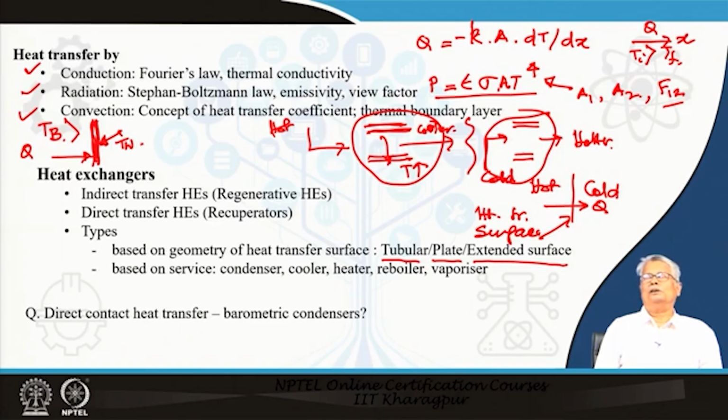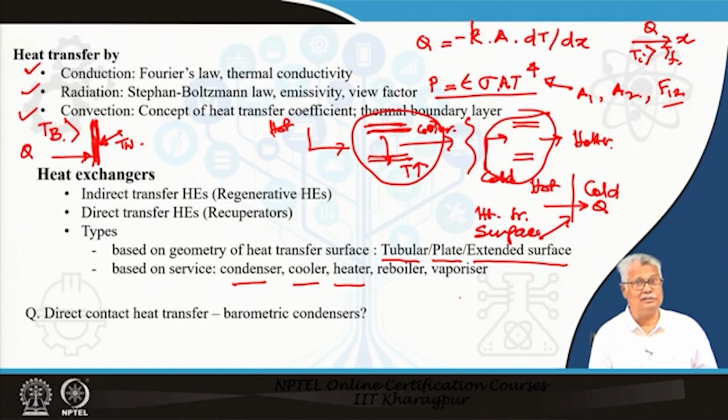Definitely you must have noticed that heat exchangers are used in separation processes for many applications. In some cases, you condense a vapor, you call it a condenser. You cool a stream of liquid, you call it a cooler. If you heat a stream of liquid, you call it a heater, no phase change of course.